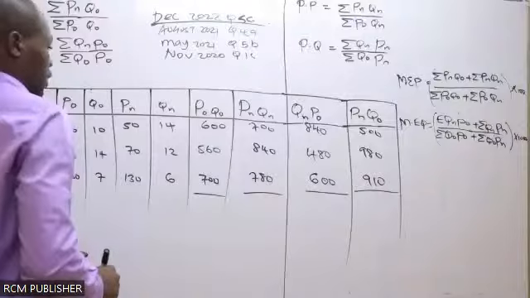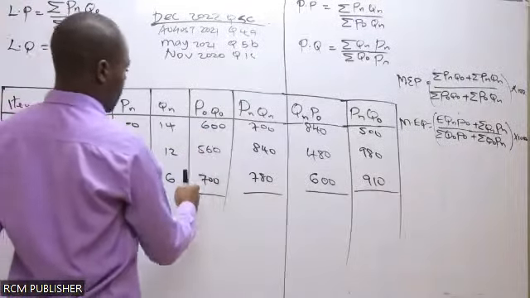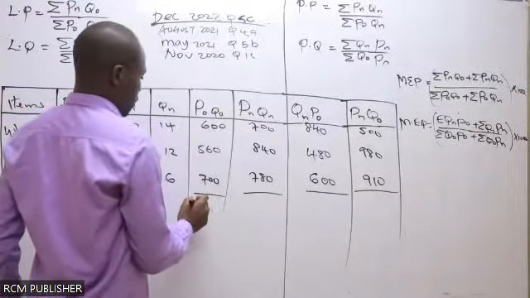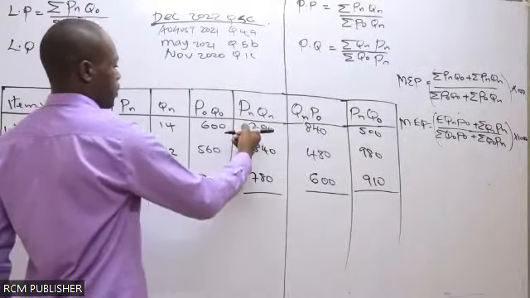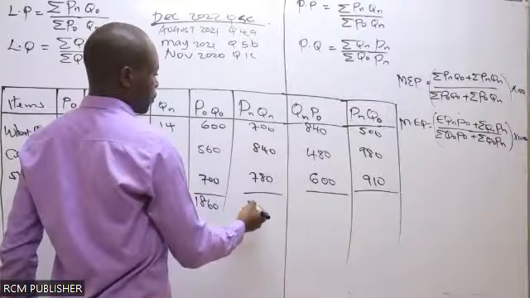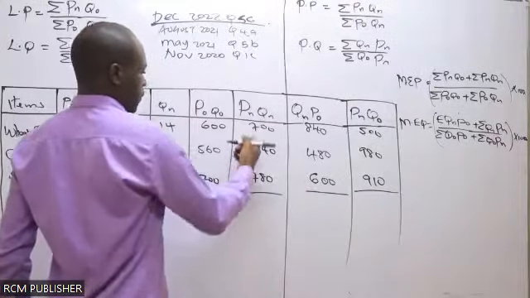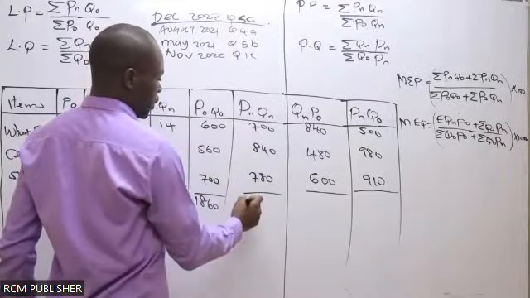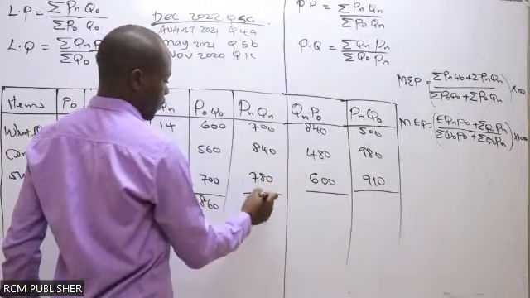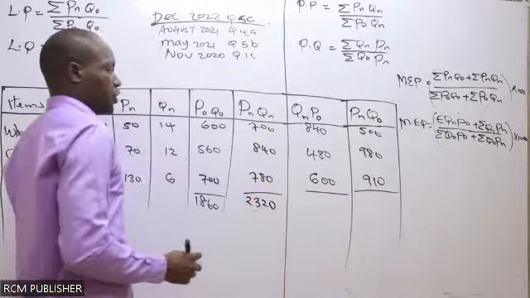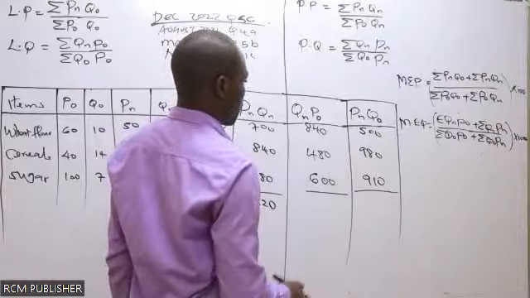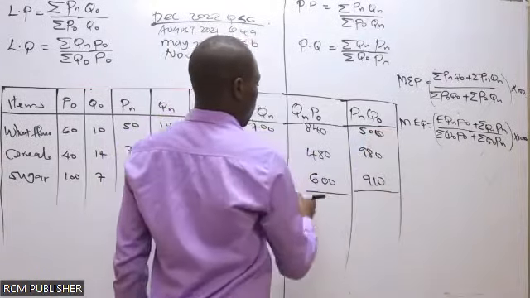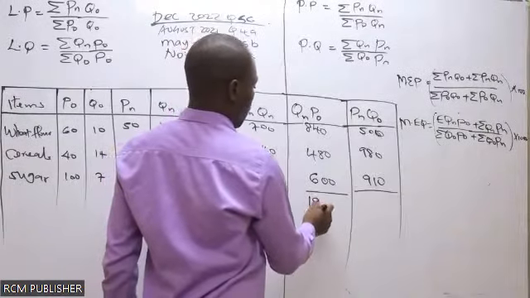We now have to get the summation. This is 1300. Is it 1860? This one here, 2320. How about this? 1920.